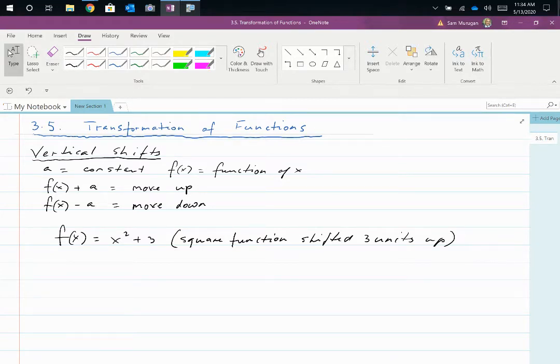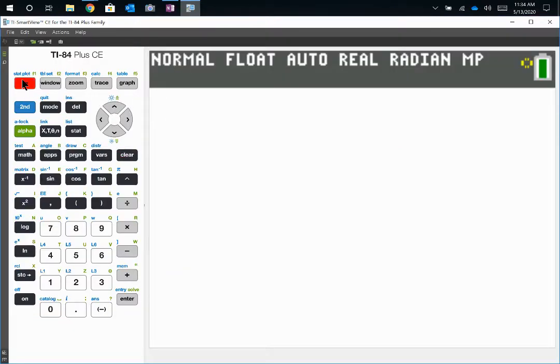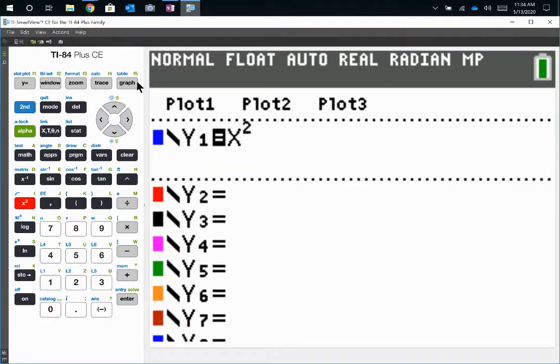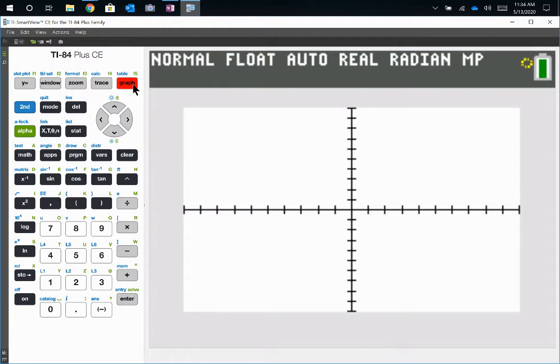To see this, we can use our graphing calculator. Put in y1 equals the original function, which is x squared. And we know that square graph looks like a U shape with the vertex at the origin.